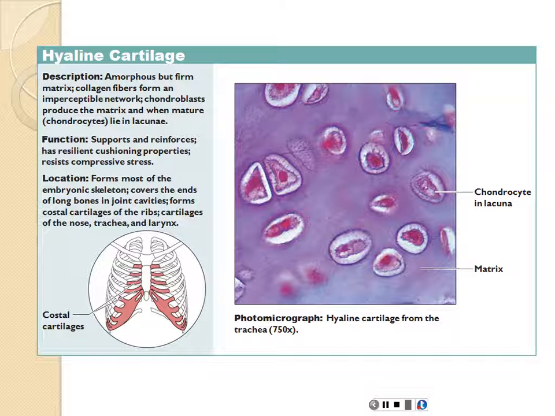And then it continuously throughout life covers the ends of long bones in joint cavities. And we'll talk about some of the others. Costal cartilage, that's the cartilage on the ribs, it's called costal cartilage. And cartilage of the nose, trachea, and larynx. And we'll talk more about those later.